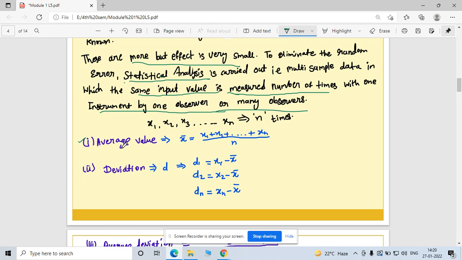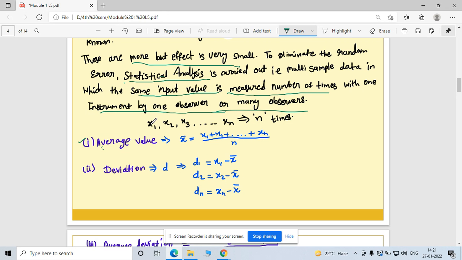You already studied it in mathematics in your 12th, first year and third semester also. The average value is the sum of all readings divided by the number of terms, denoted by x bar. And deviation is nothing but the deviation from this average value.